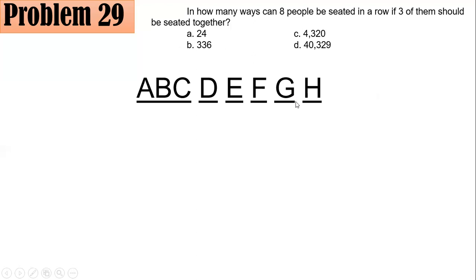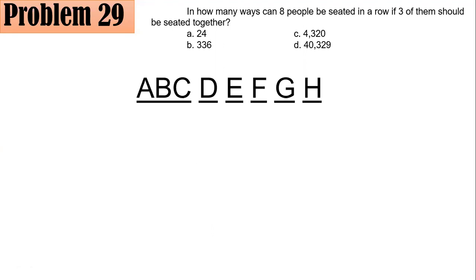Then A, B, C can be put in 6 different places: before D, after D, after E, after F, after G, and after H. Then 3 factorial for A, B, C because we can arrange them in any way as long as they're together. So 120 times 6 times 6 is 4320, or C.